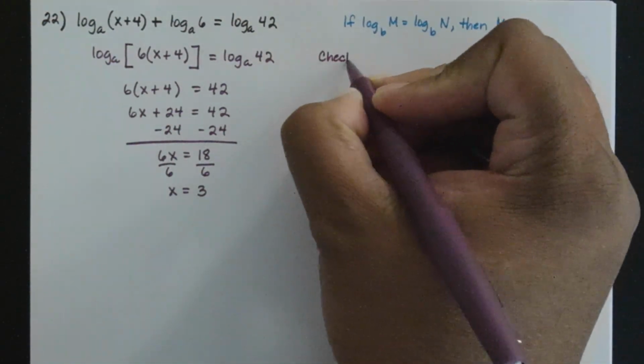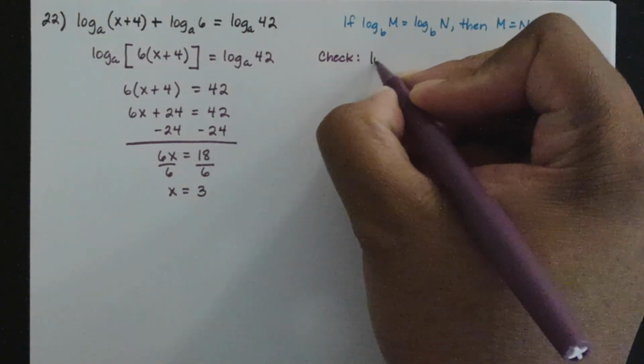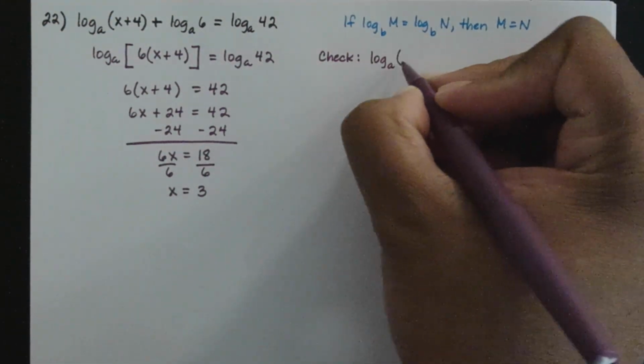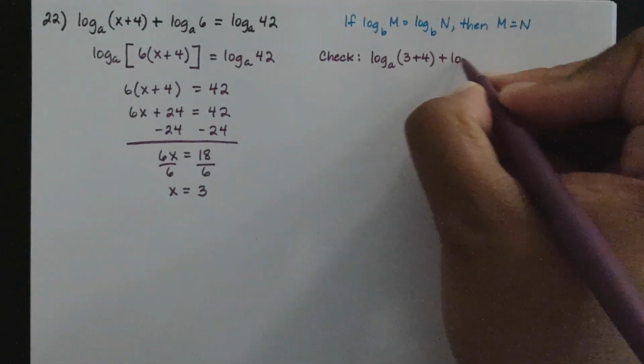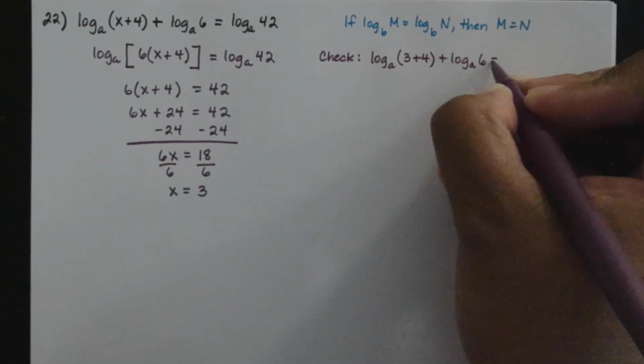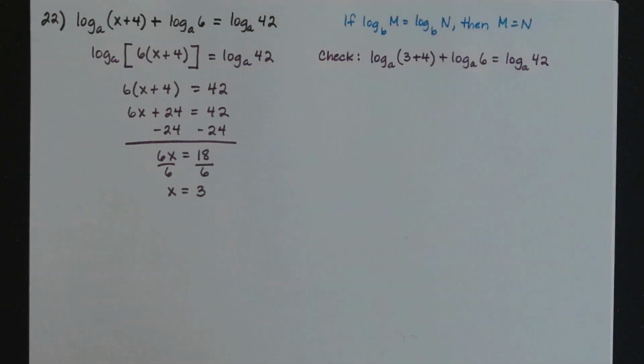But of course, we have to check our proposed solutions here. Using the original equation, I'll replace each x with 3. So this will be log to the base a of 3 plus 4, plus log to the base a of 6, equals log to the base a of 42.